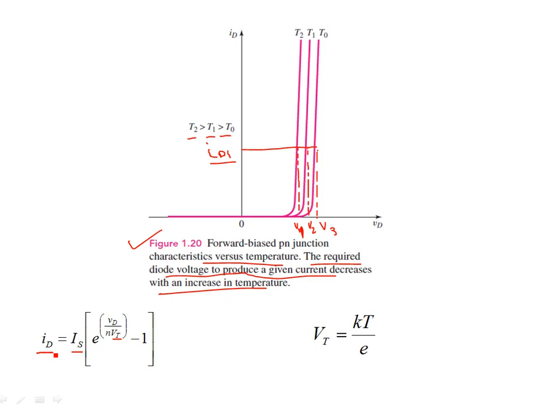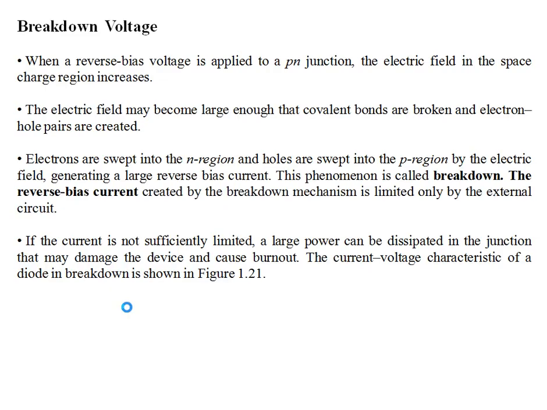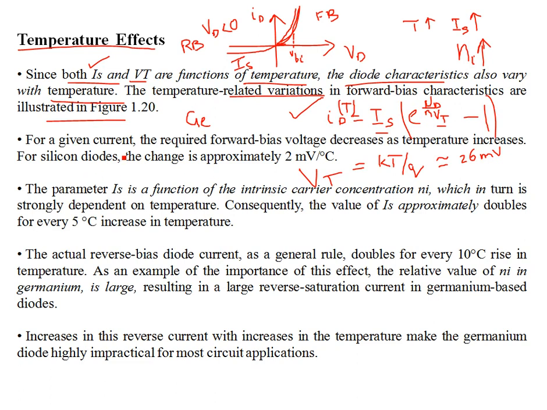Therefore, you have the dependence of the diode current on temperature. So the forward bias VD voltage requirement to generate the same current decreases for higher temperatures. This is what is being shown in this figure. For a given current, the required forward bias voltage decreases as temperature increases, and for typical silicon diodes, the change is about 2 millivolts per degree centigrade. So about a 2 millivolt reduction in the forward bias voltage VD for every degree centigrade increase in temperature.